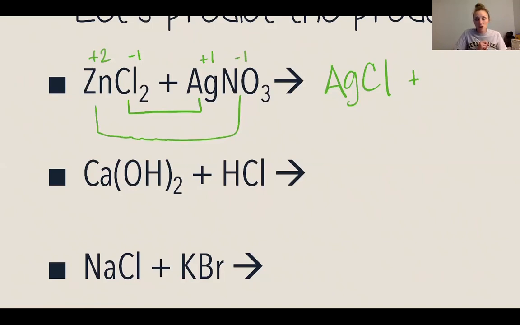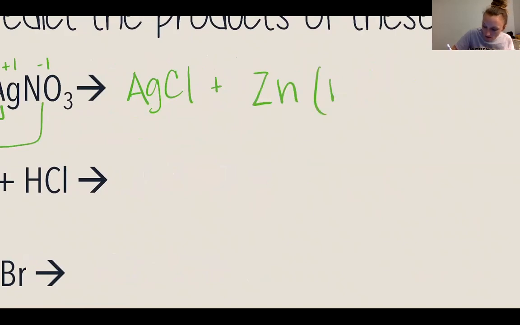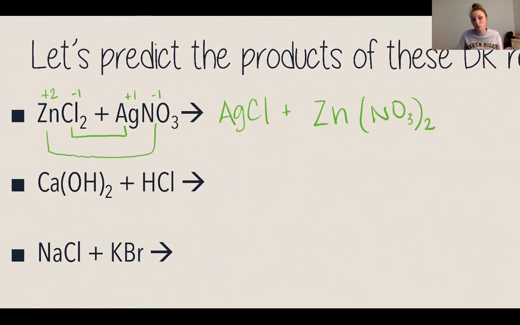Nitrate has a charge of -1. So my formula for zinc nitrate should be Zn(NO3)2.